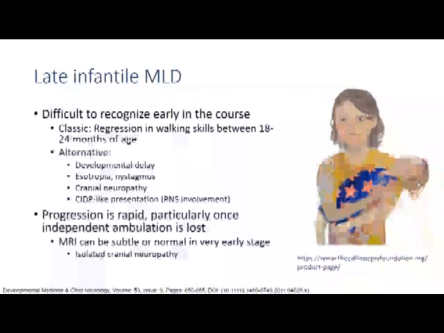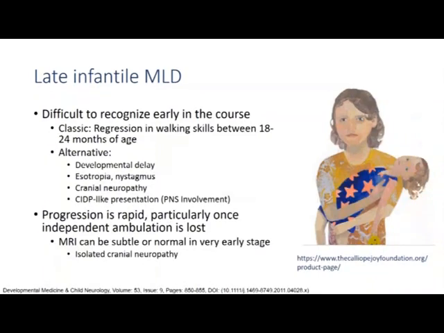In late infantile MLD, it can be difficult to recognize early in the course. Classically, there's a regression of walking skills between 18 and 24 months of age, but in practicality, this can be quite different. Children can have an isolated developmental delay beginning around 6 months of age.